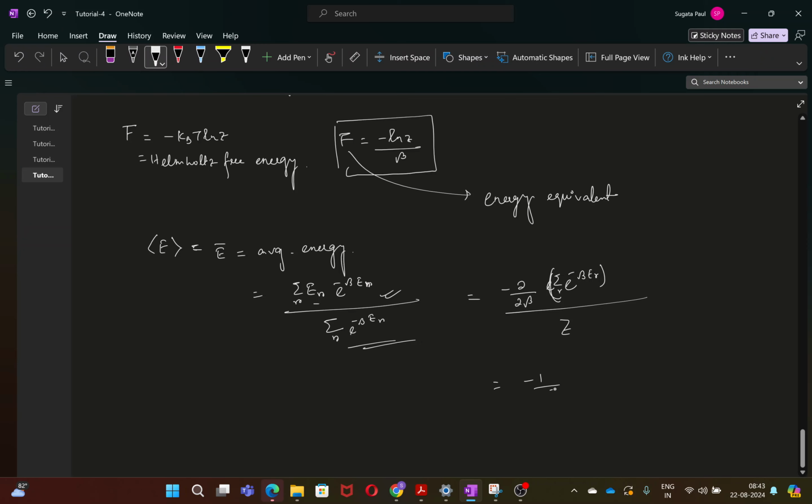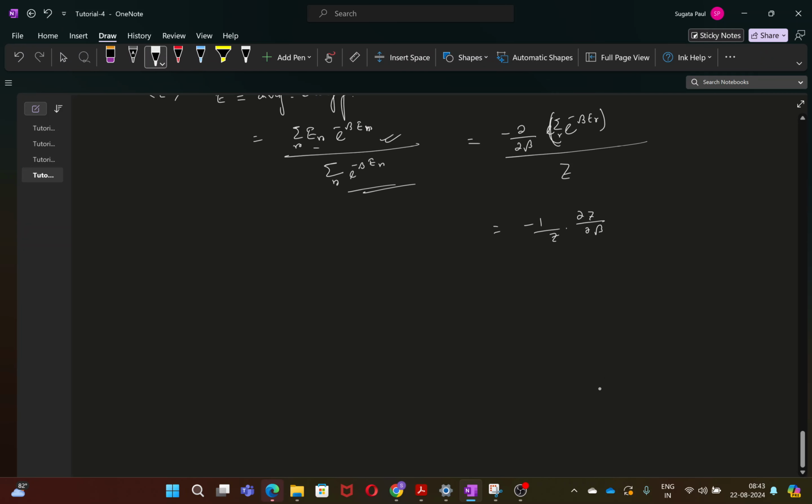So this is minus 1 by Z times del Z by del beta, or you can simplify it further as minus del beta of ln Z. So this is your average energy. You see that this is dependent on a logarithmic function of the partition function, and then a derivative is taken with respect to beta.